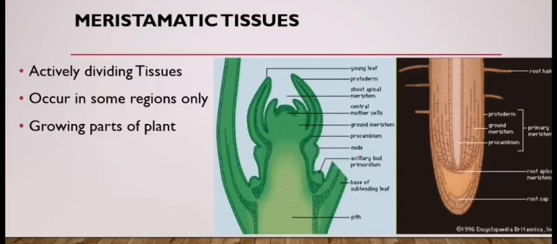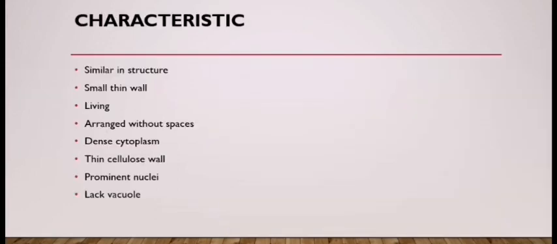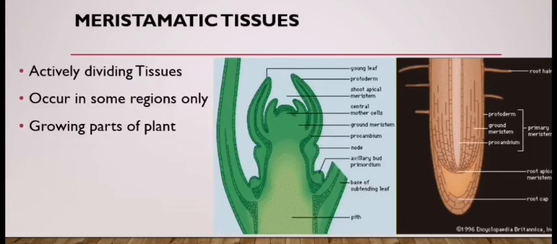Now another important part, which can come for either 2 or 3 marks: explain meristematic tissue, or draw the structure of meristematic tissue, which is a less common question. But what is meristematic tissue, or define meristematic tissue? For that you need to learn that, first of all, the region where it is located.